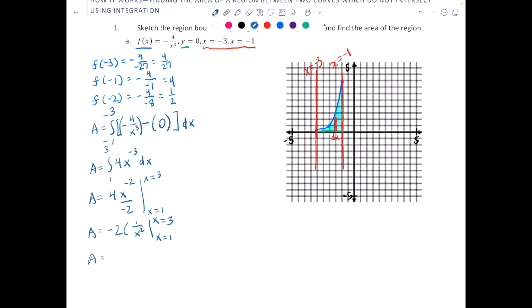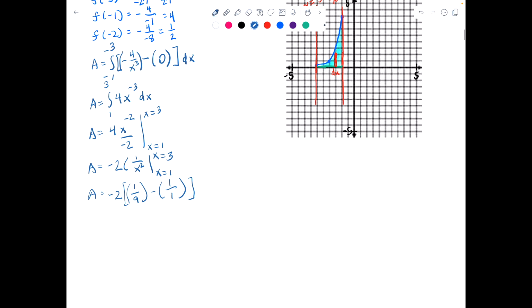And so our area will be -2 times upper limit of integration will give us 1 over 3 squared, which is 9. And then lower limit of integration is 1, and then you square the 1, you just get 1. And so our area will be -2 times 1/9 minus 1, which is 1 minus 9 all over 9, because 9/9 is 1.